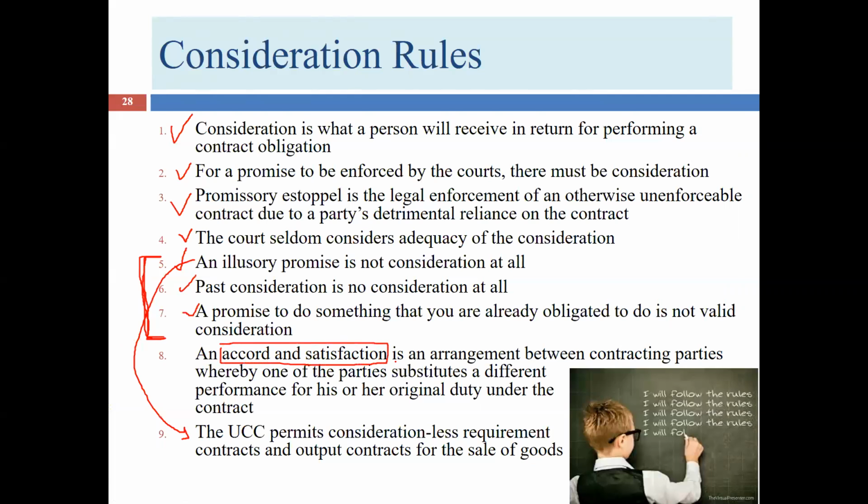That's why we say is instead of are here. And accord and satisfaction is an arrangement between contracting parties whereby one of the parties substitutes a different performance for his or her original duty under the contract. And finally, the exception to the illusory promise, rule number 5, we have rule number 9. The UCC permits considerationless requirements contracts and output contracts for the sale of goods.